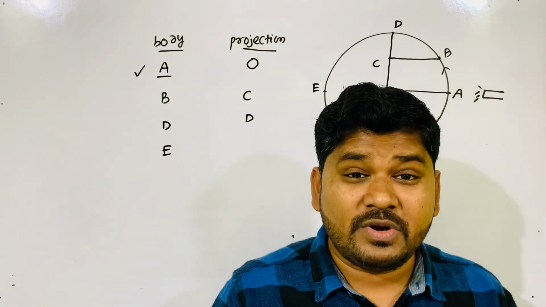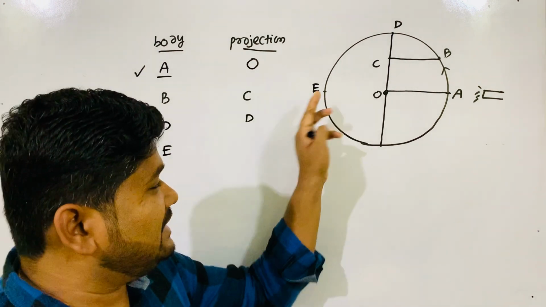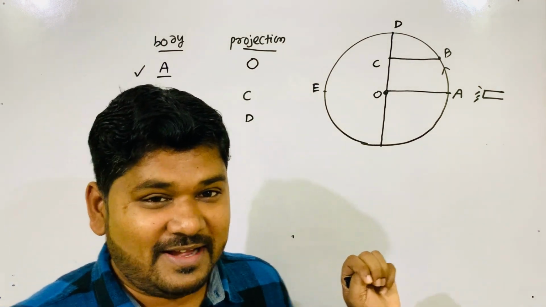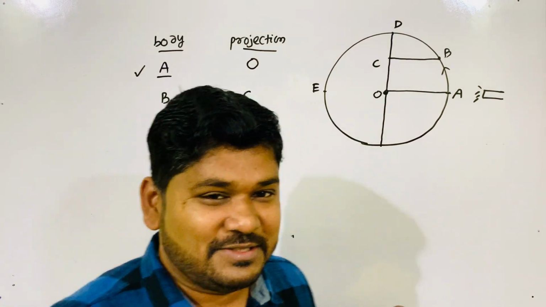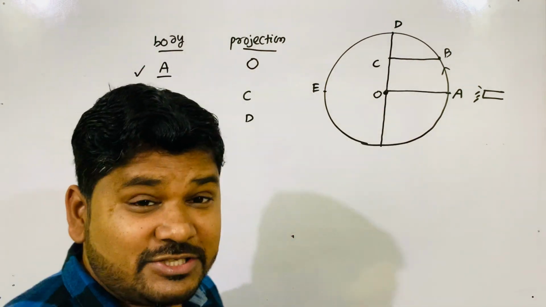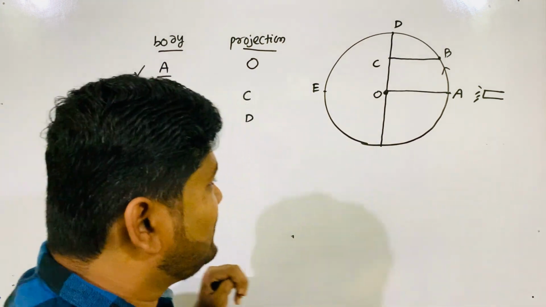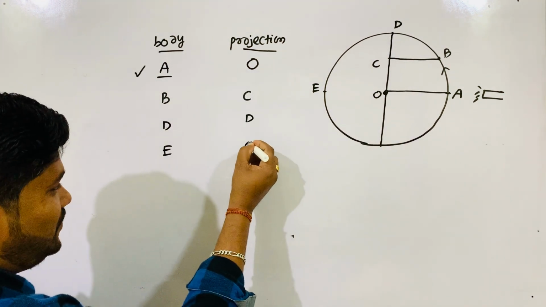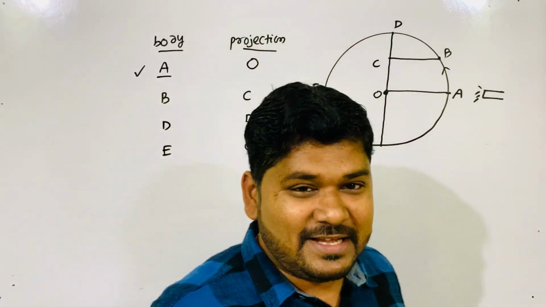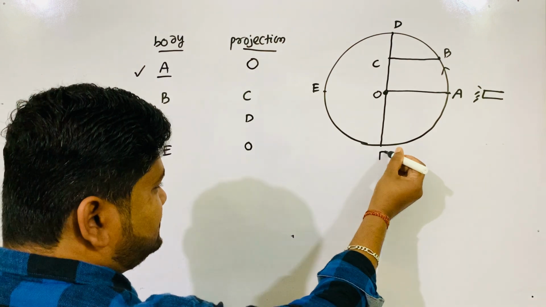I will draw the perpendicular to the diameter, because we see projection only on this diameter. So its projection is O. If you are thinking the answer O, then you are correct. Then the body comes to F.